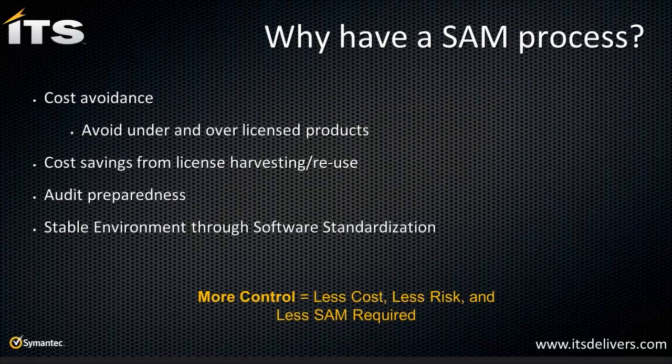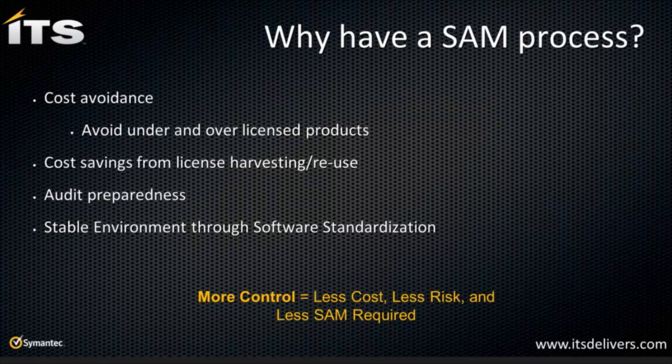Okay, so why have this SAM process? Why go through all the trouble of defining all the policies for each of these phases? Of course, there's the monetary standpoint, that 5 to 35% of cost savings. So we'll start with cost avoidance. Obviously avoiding under and over purchasing licensing for each of these products.